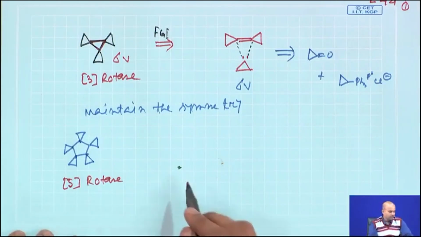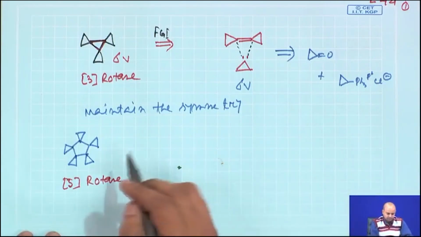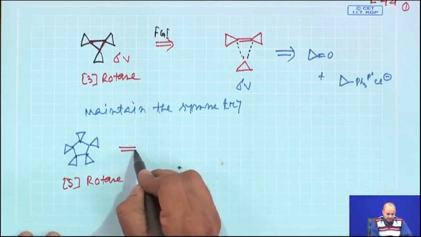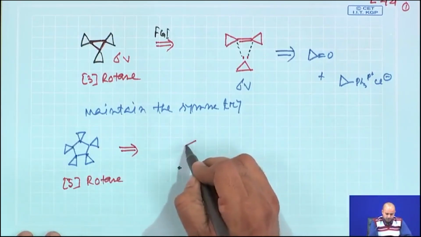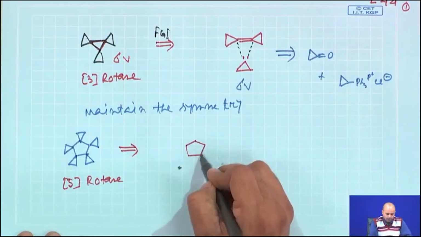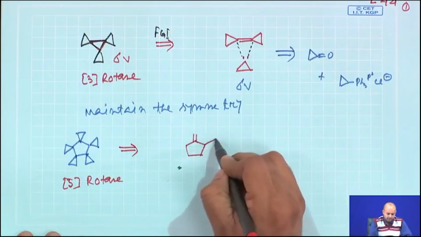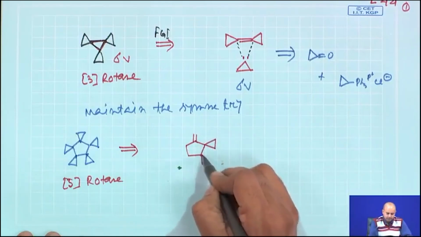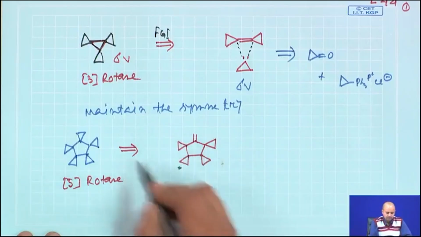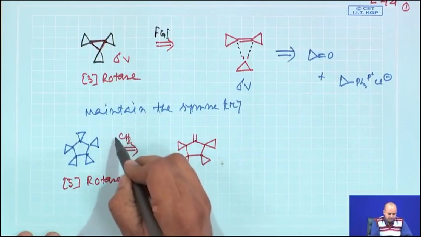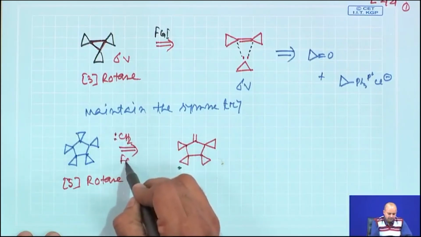I will give you the clue how it can be done. Let us start with this molecule and stepwise keep on doing it. Initially we say if you have this olefin, you can do a simple carbene addition to this FGI.